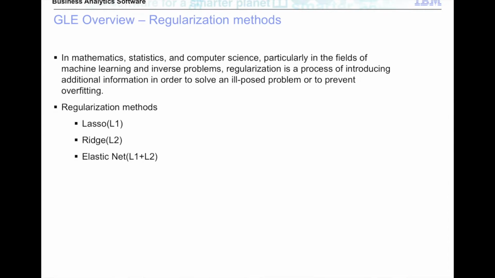It shrinks all parameters by the same proportion, so it is not a variable selection method. Then elastic net, also known as L1 plus L2 regularization, performs both variable selection and prevents overfitting by shrinking the parameters.